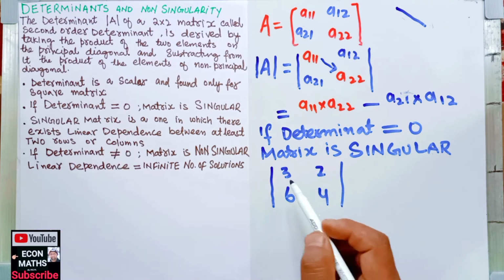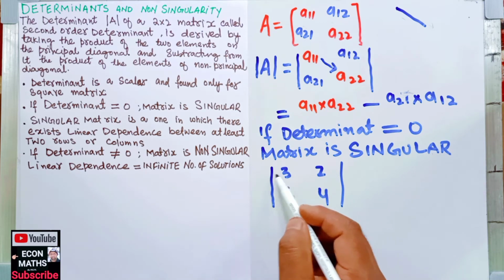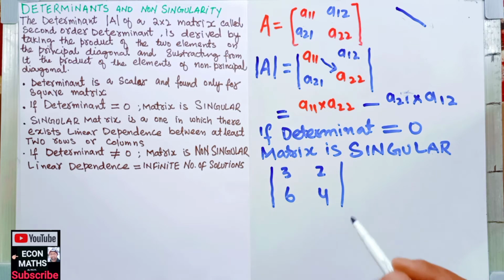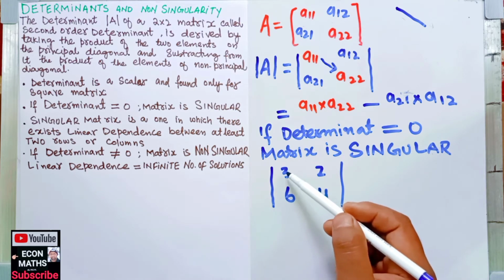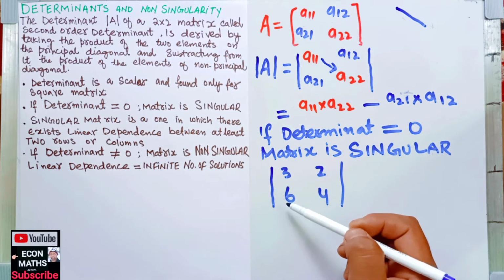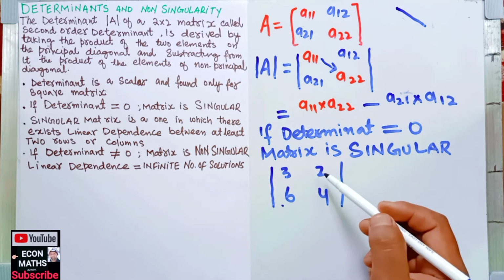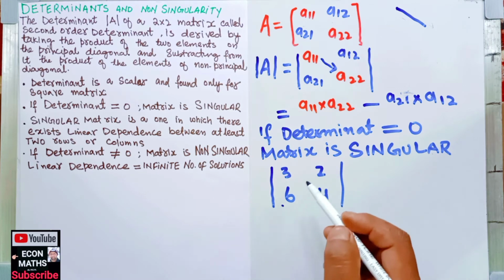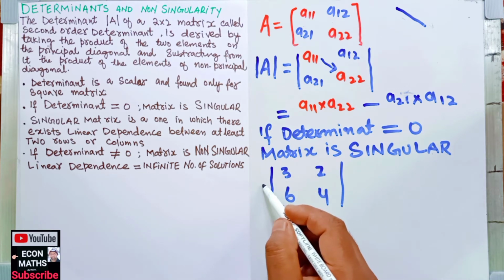Now here we can see, if this is the first row and this is the second row, that this 3 is scaled by 2 and this becomes 6. Similarly, this 2 is scaled by a factor 2 and this becomes 4. So these are dependent.